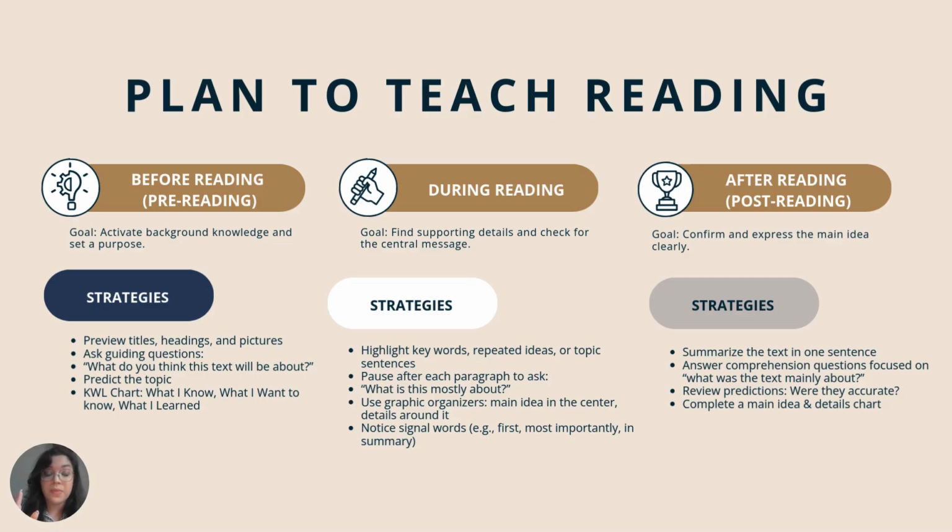You can use them to activate background knowledge. Asking guiding questions, you can design specific questions and prefer to use them because maybe those will help you activate background knowledge. You can also use a KWL chart, which is fantastic. You're going to love it if you know how to use a KWL chart because they're very useful. But the KWL stands for what I know, what I want to know, and at the very end of the class, you fill in the column that says what I learned.